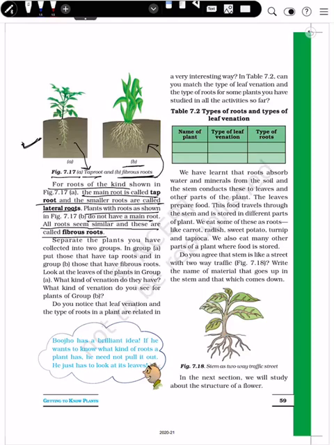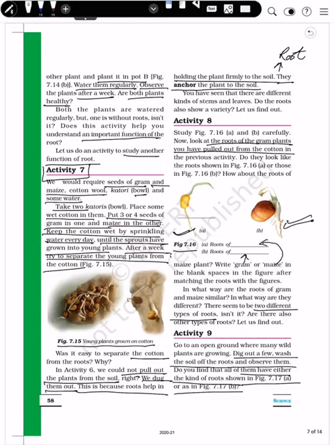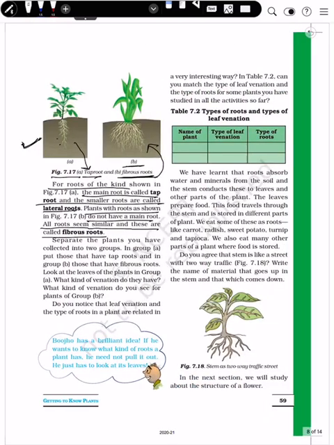For example, in the diagram 7.17a, that is taproot, we are able to see that the plants which have the taproot generally have reticulate leaf venation.